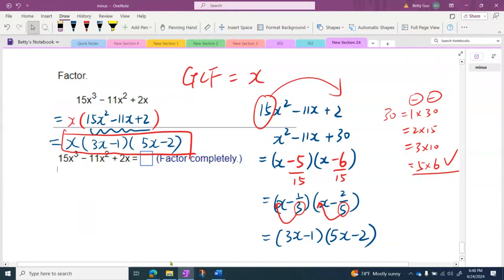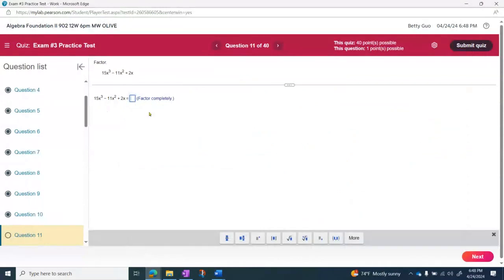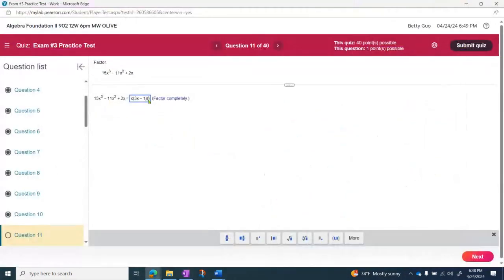Don't forget we have x in front. x times 3x minus 1, 5x minus 2. All right? 3x minus 1, 5x minus 2. Next.